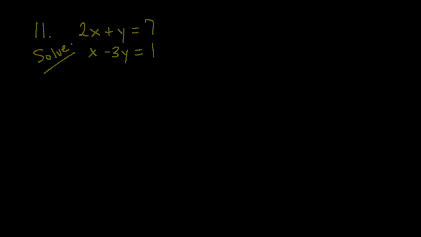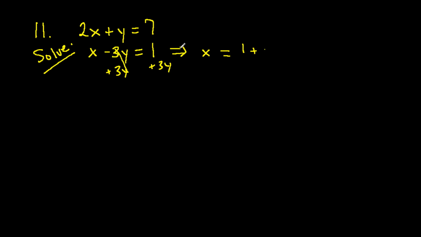This next question involves a system of equations. They're asking us to solve this one by the substitution method. To solve by substitution, we need to isolate one of the letters in one of these equations. So I'm going to rewrite the second equation by adding 3y to both sides, as x equals 1 plus 3y.